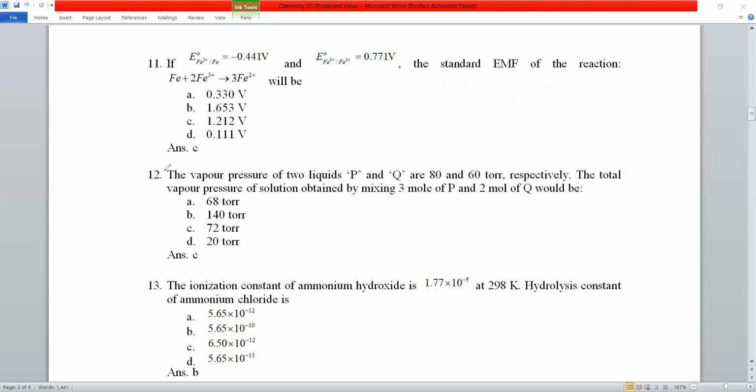Next, question number 12. The vapor pressure of two liquids P and Q: P has vapor pressure 80 torr and Q has 60 torr.